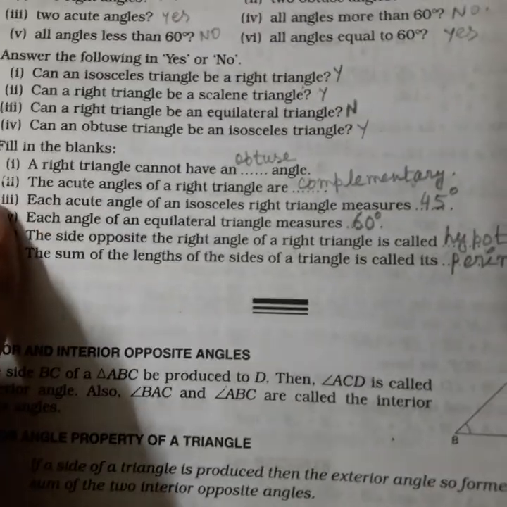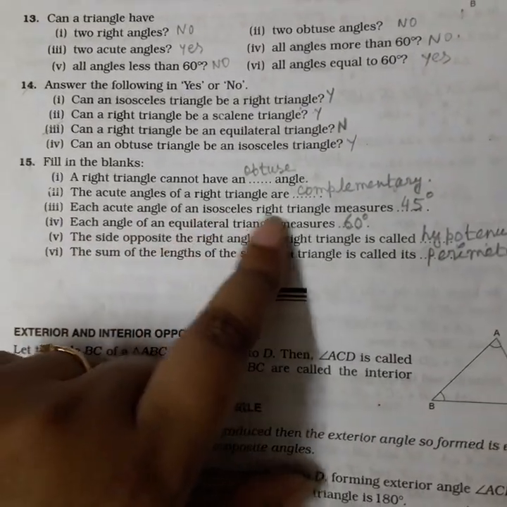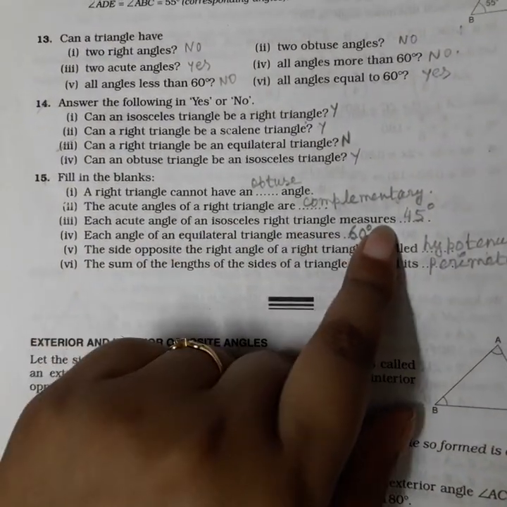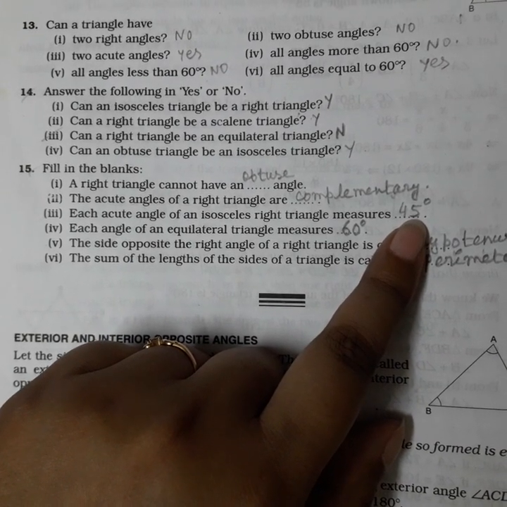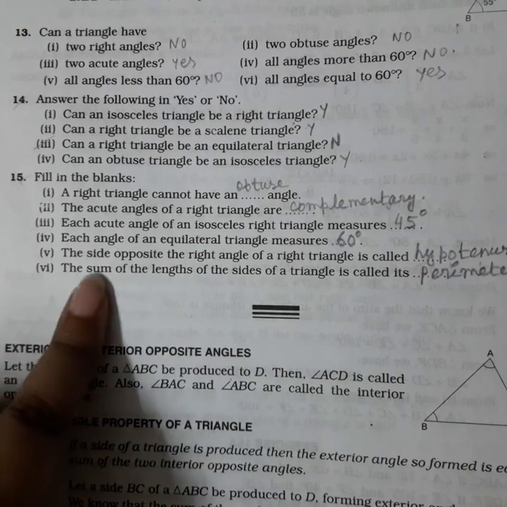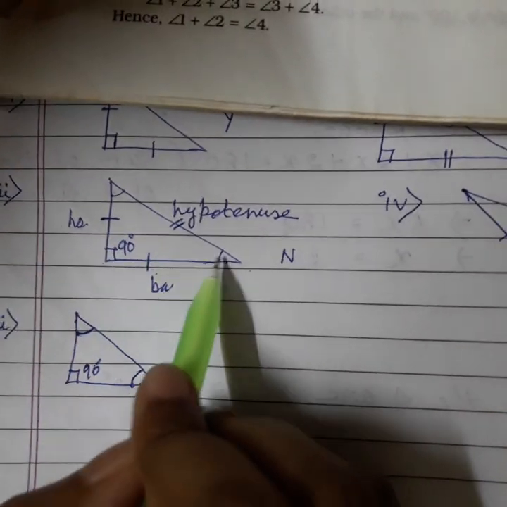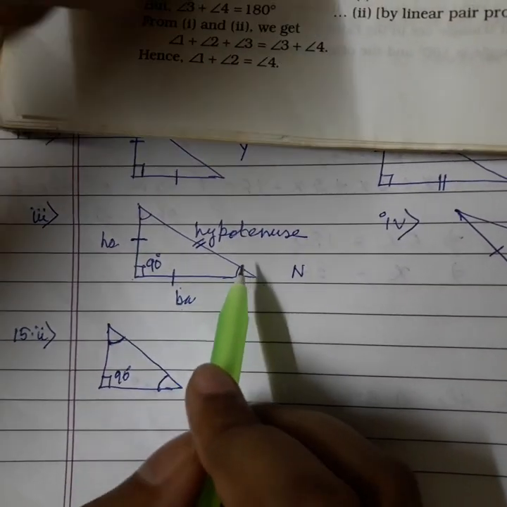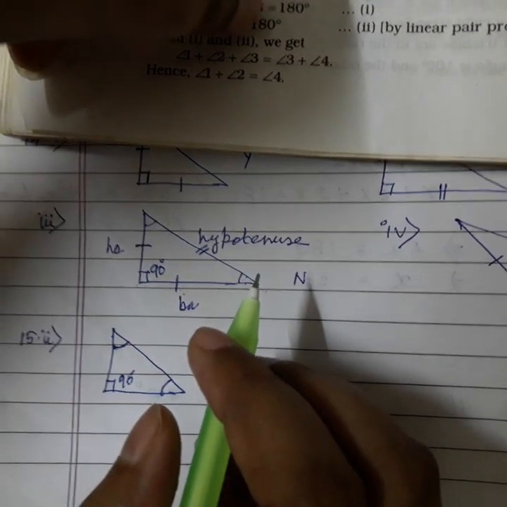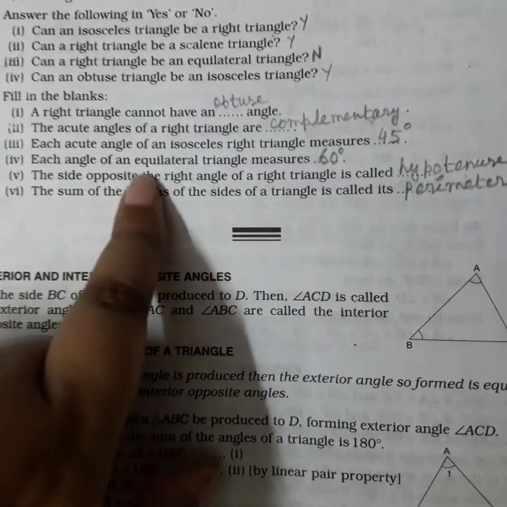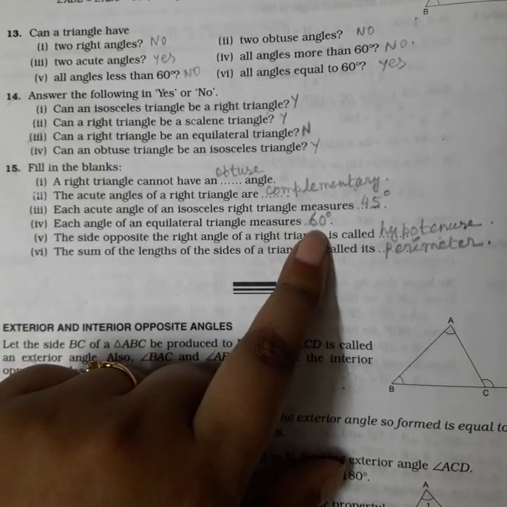Now number 3, each acute angle of an isosceles right triangle measures 45 degree. For an isosceles right triangle, the measure of the acute angles, that means these two angles, will be 45 degree. These types of fill in the blanks you have already done in class 6. Now number 4, each angle of an equilateral triangle measures 60 degree.